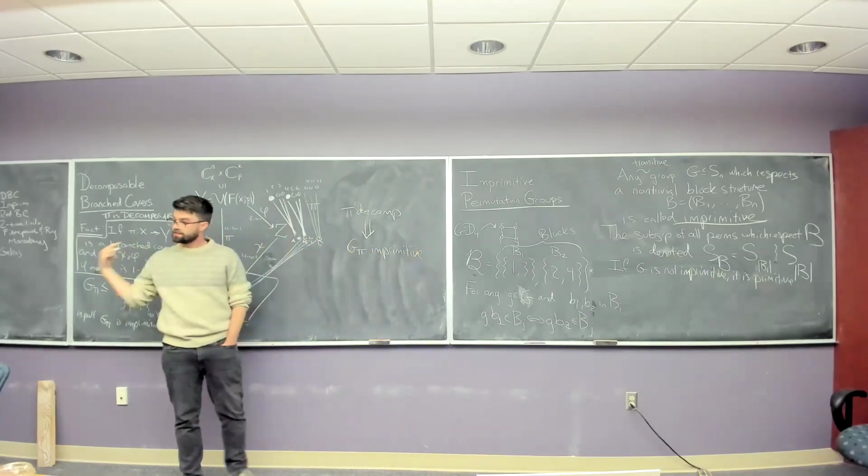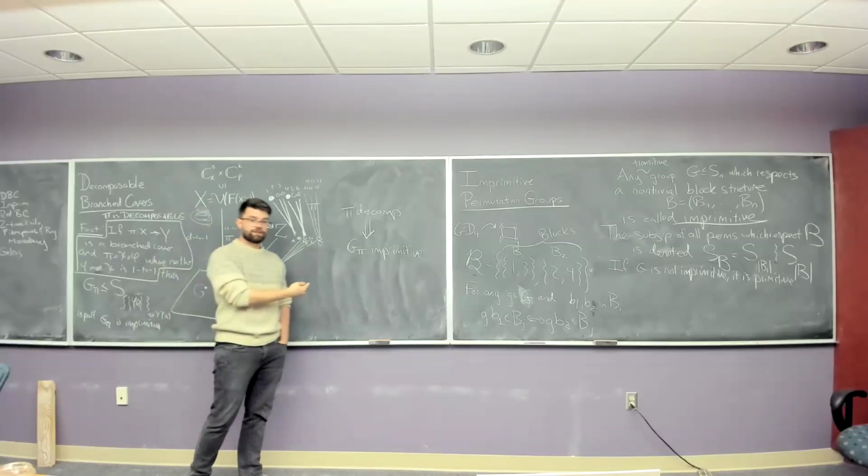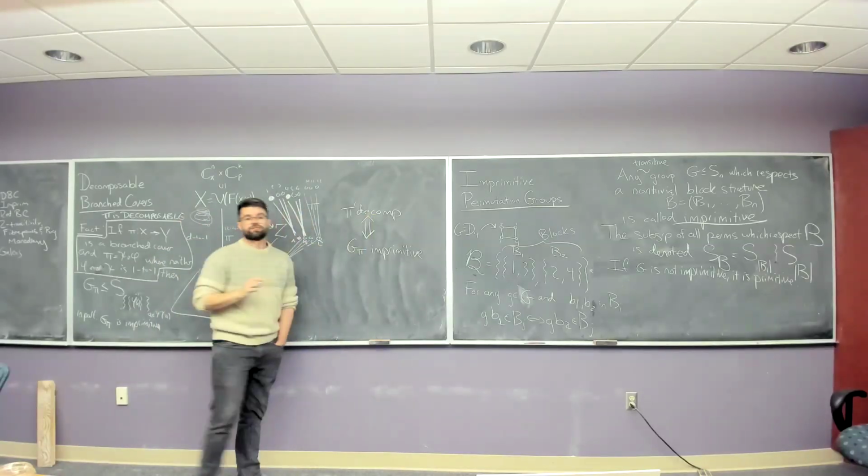So this is what that statement says. Got a decomposable branch cover, you're imprimitive. This direction is true too.